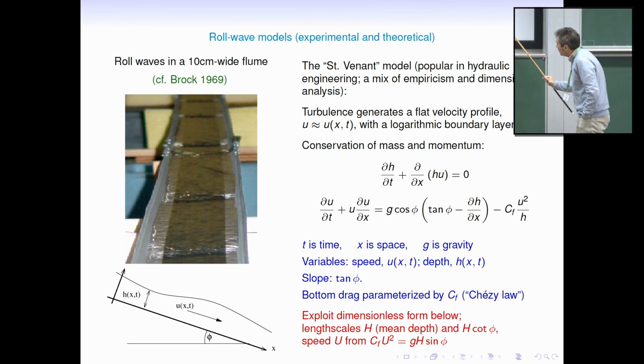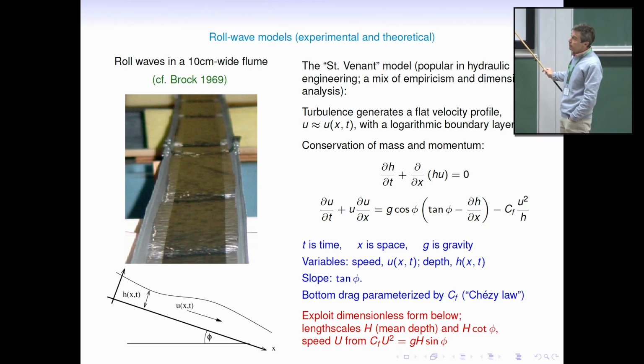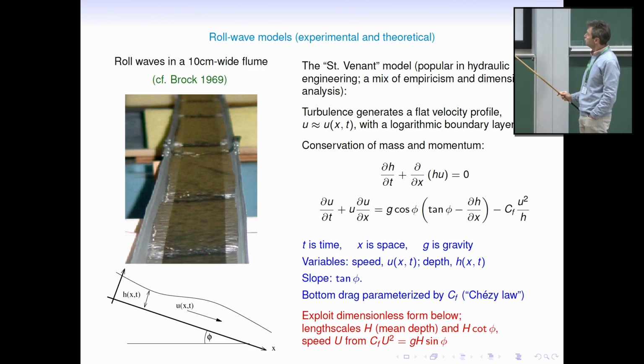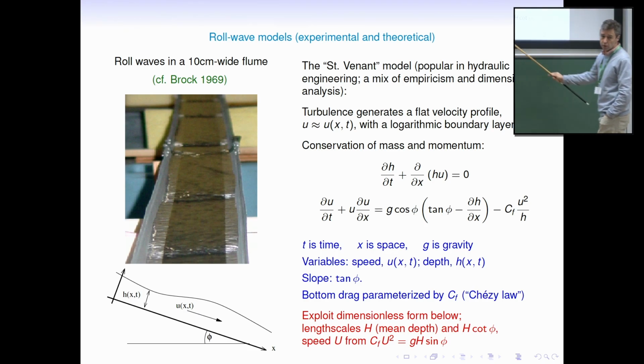And the empiricism comes in with the effect of turbulence, which is basically this simple drag term. Just by dimensional analysis, the drag has to take the form of u squared over h, and then you throw in an empirical parameter in front of it. This is the Chezy drag law that's used in hydraulic engineering. So this is a nice simple model.